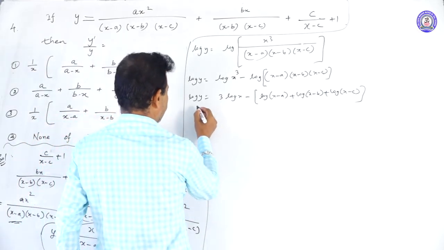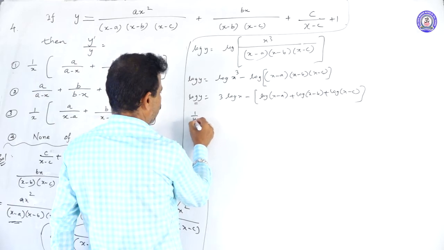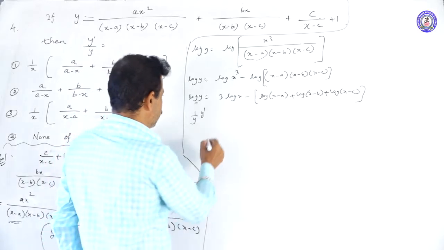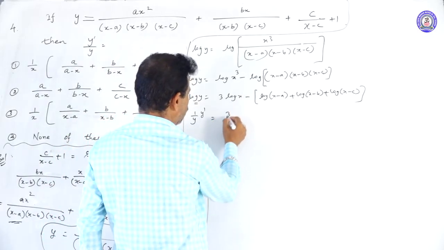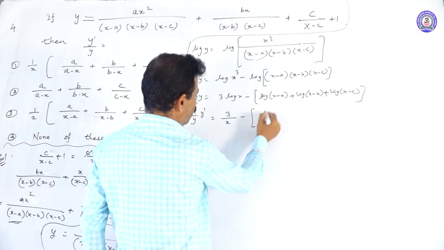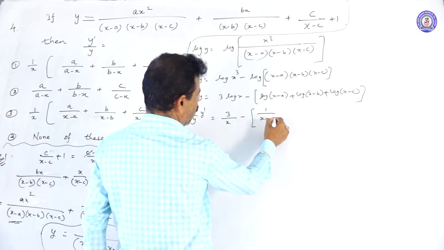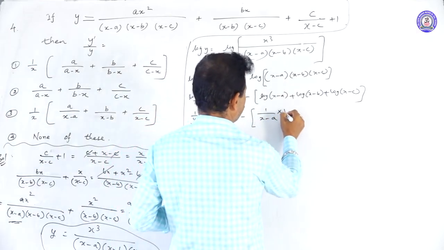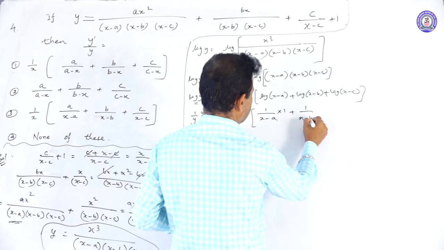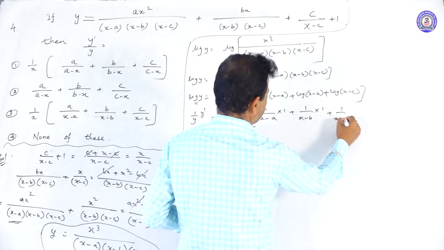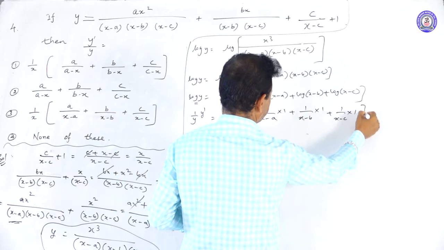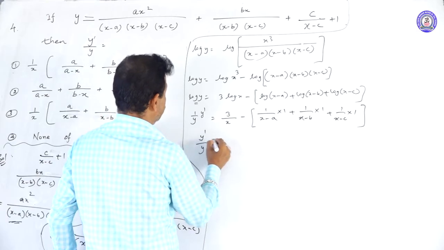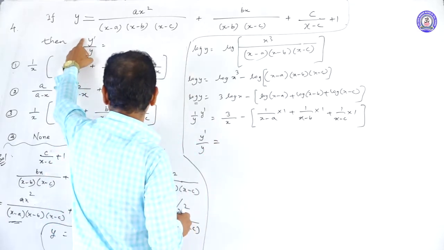Now we differentiate. Differentiating log y gives 1 by y times y dash, that is dy by dx, is equal to 3 constant times the derivative of log x, which is 1 by x, minus the derivative of log of x minus a, which is 1 by x minus a, since the derivative of x minus a is 1, plus similarly 1 by x minus b and 1 by x minus c. So y dash by y is equal to, he is asking the question y dash by y, how much?